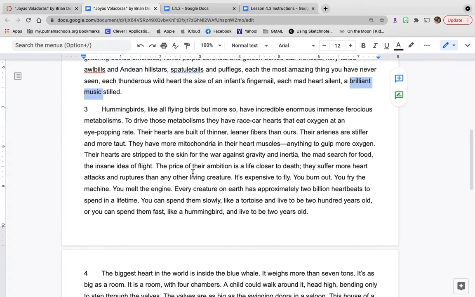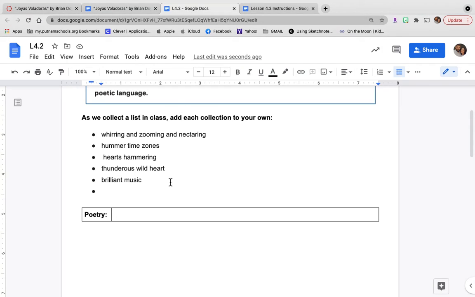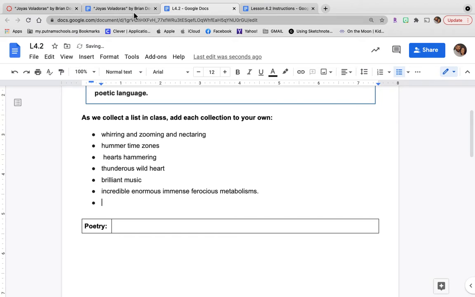All right, so paragraph 3. He's got a lot of adjectives here to describe metabolisms. I pull that.